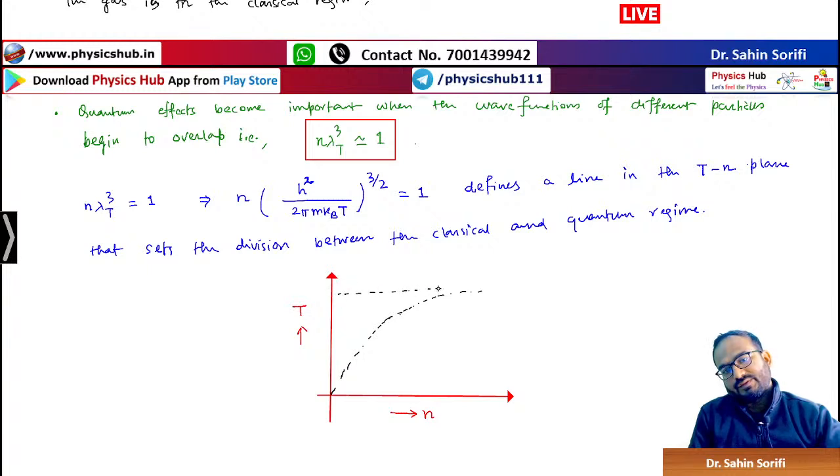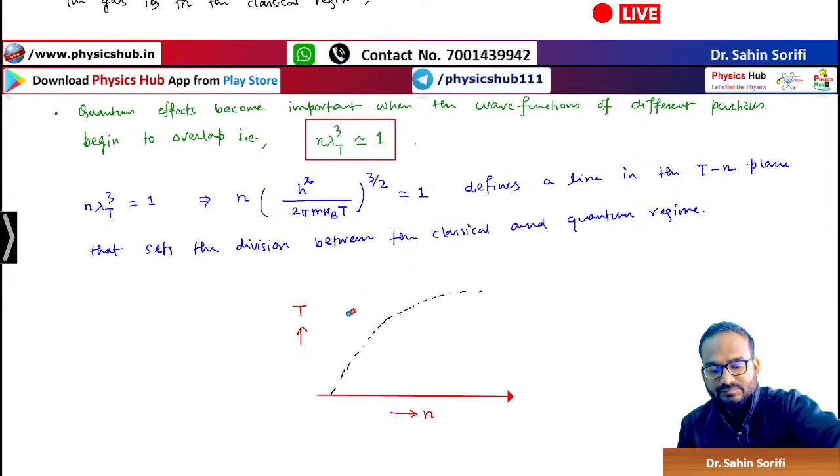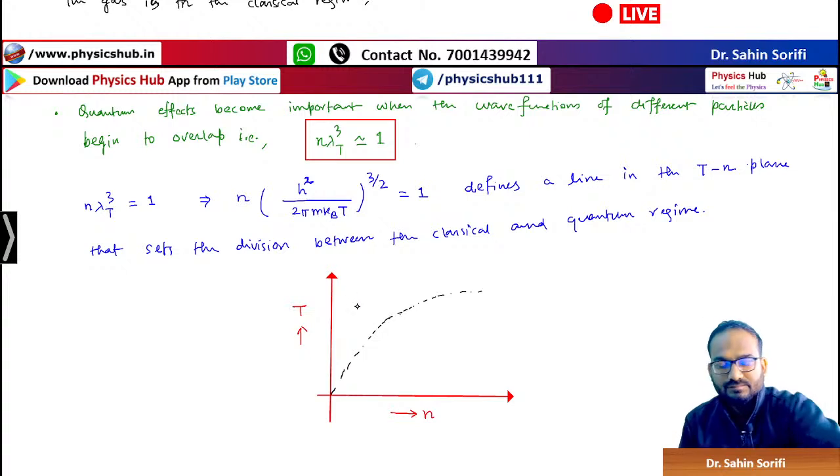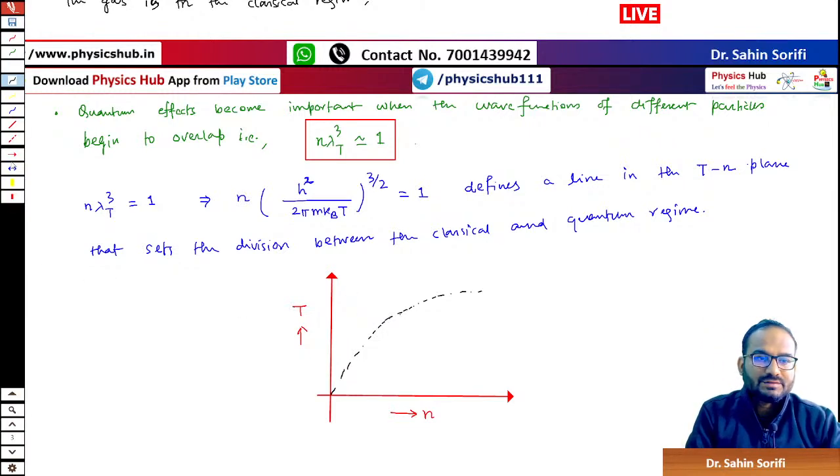Which one is classical and which one is quantum?